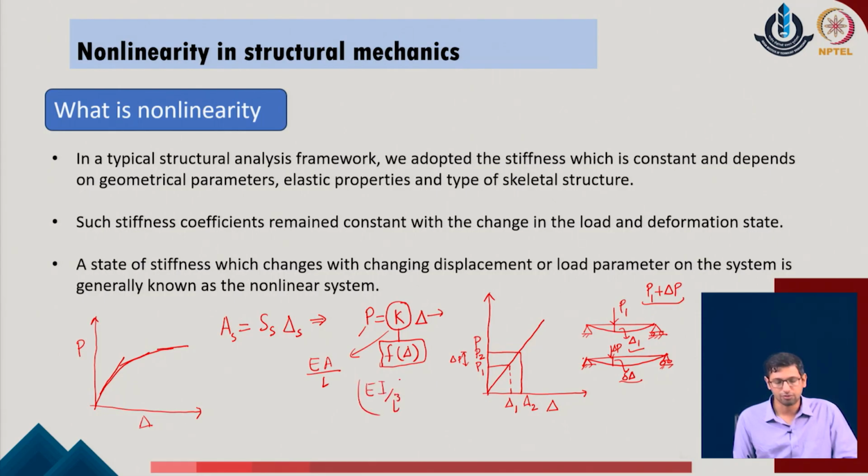These parameters are dependent not only on the properties of the material, but also on the geometrical parameters of the system. But if the geometrical and material parameters are such that the stiffness values remain constant, and do not change with increased displacements, we understand that the problem is more or less linear, and we can easily do these kinds of simplified analysis.